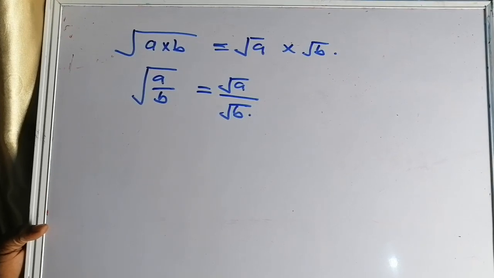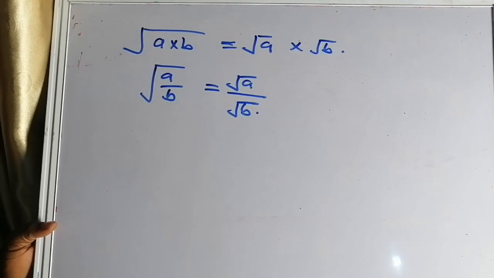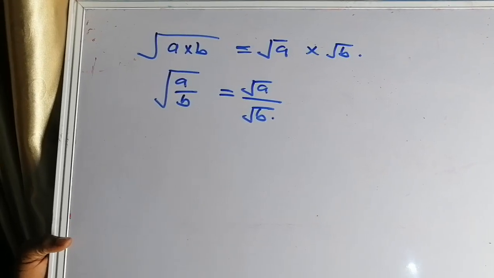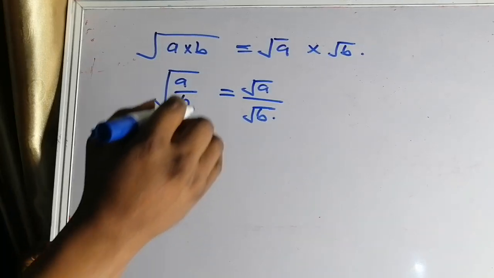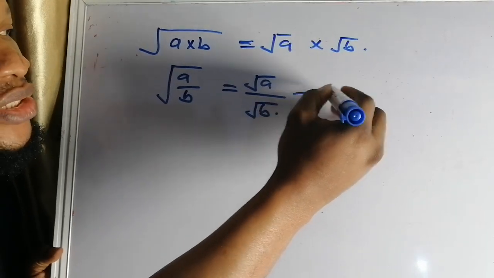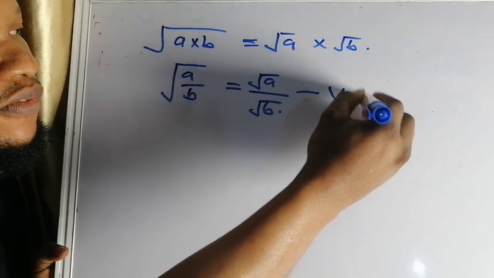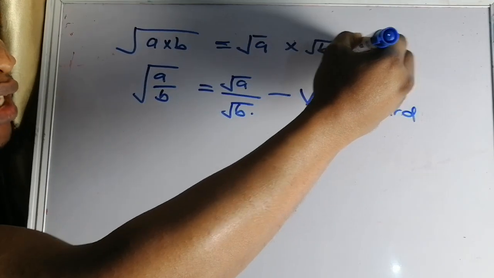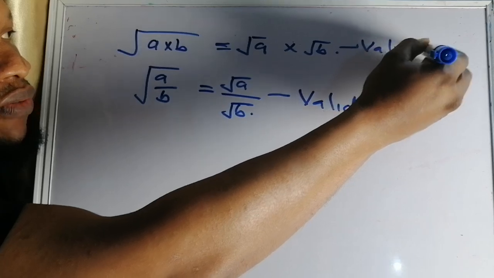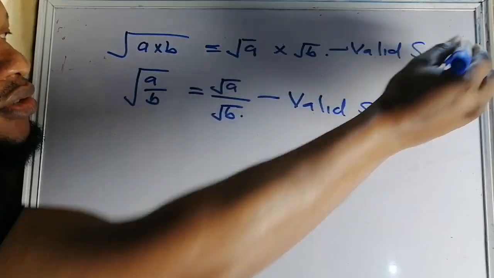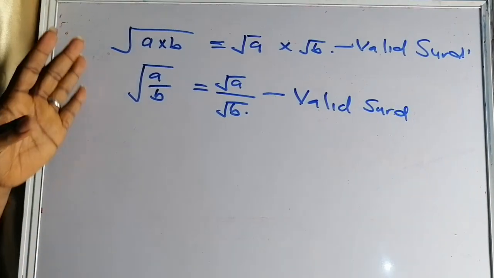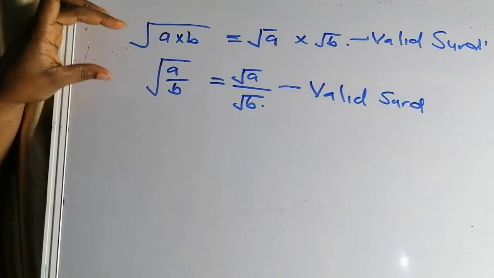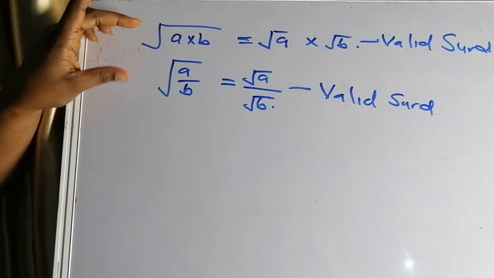If you have any bases that have the same power, then you take the power. So this is valid for SURD, and this is also valid for SURD. This is just to re-emphasize it to avoid misleading. These two are very key in SURD.